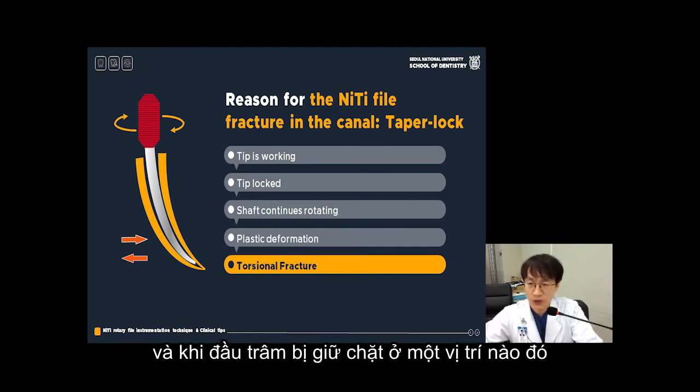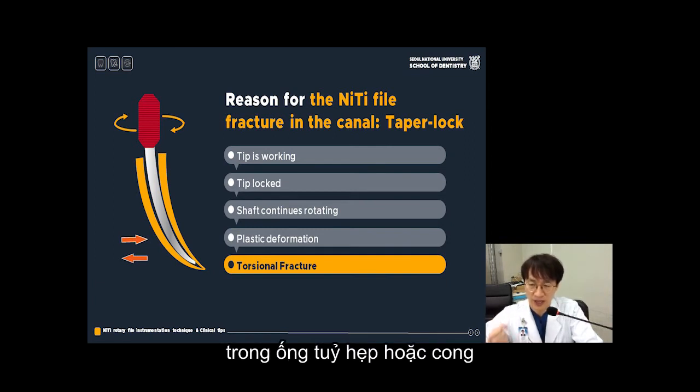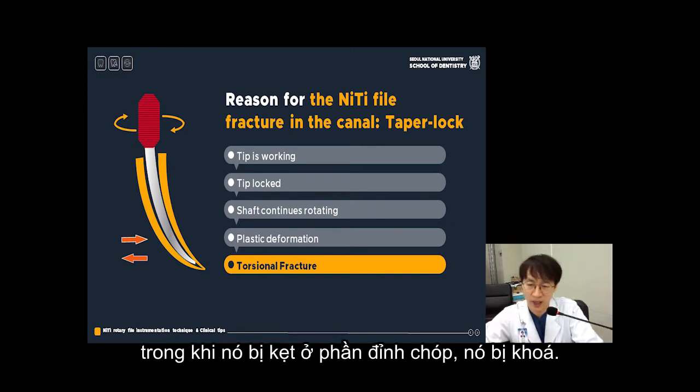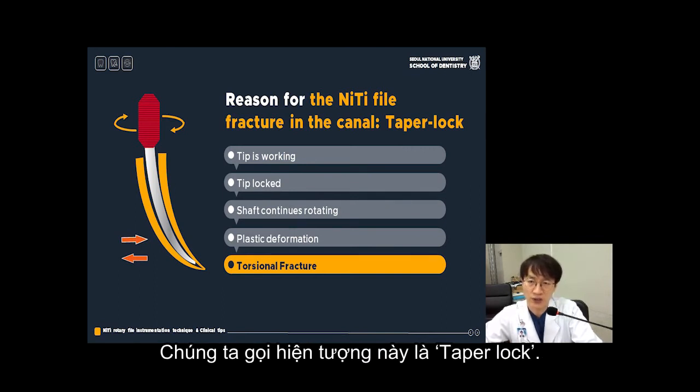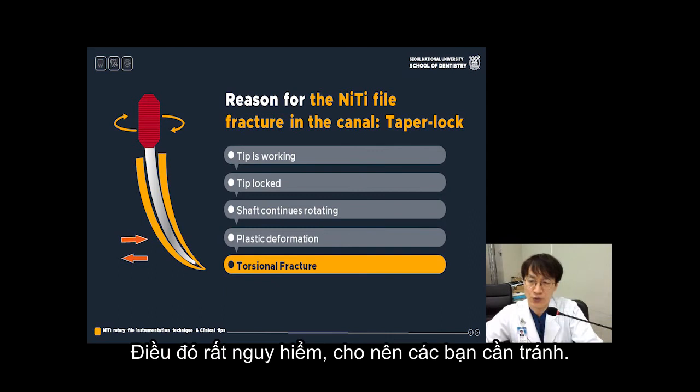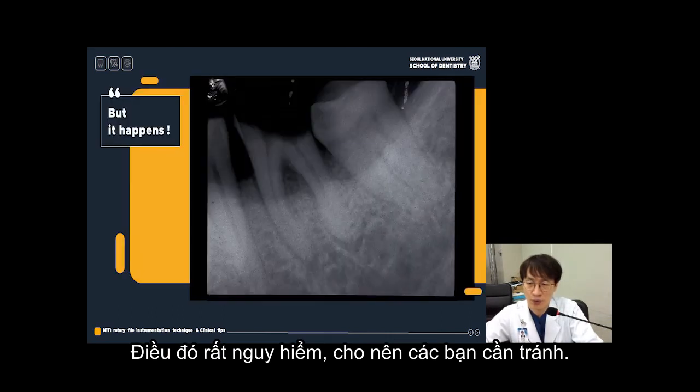And once you have a grip of the tip of the file at a certain area with a tight canal or curved canal, the coronal portion keeps rotating at 300 RPM while it is stopped at the apical tip area, it's locked. We call that taper lock, and it's going to have separation at the tip of the file. That is a really dangerous time, so you have to avoid that.